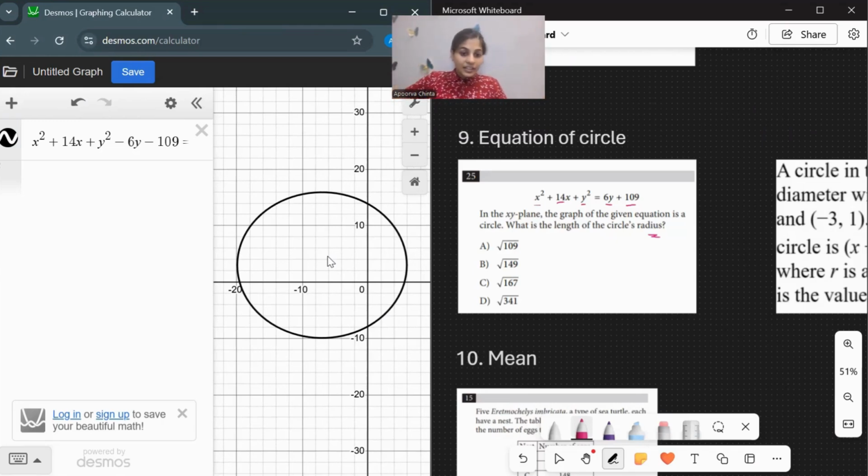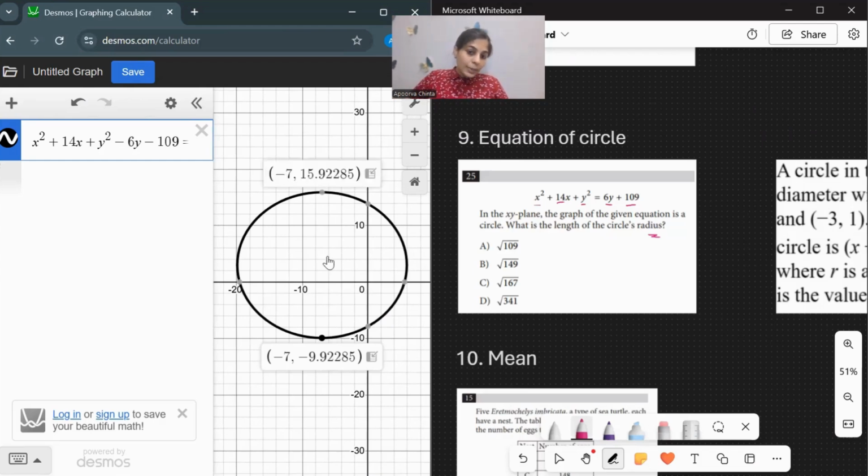So how do we find out the center of the circle first? So let's take this value, which is negative 7 comma negative 9.9, and the other value that is negative 7 comma positive 15.92285. So now, using these two coordinates, we will find out the midpoint, that is nothing but the center of the circle.